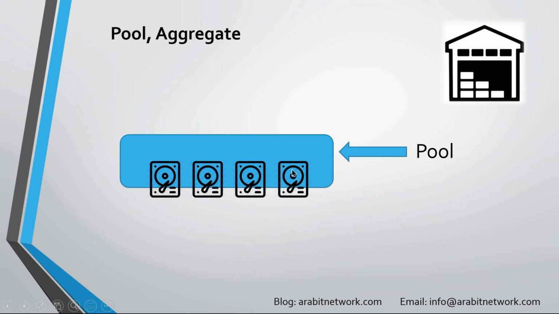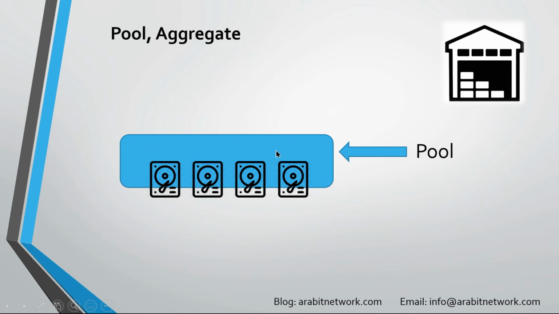This creates a big pool of storage that you could use with your servers, and it also provides high availability for your data. We will learn more about disk failures and high availability in the coming sections. So again, the pool is a logical volume of your storage.